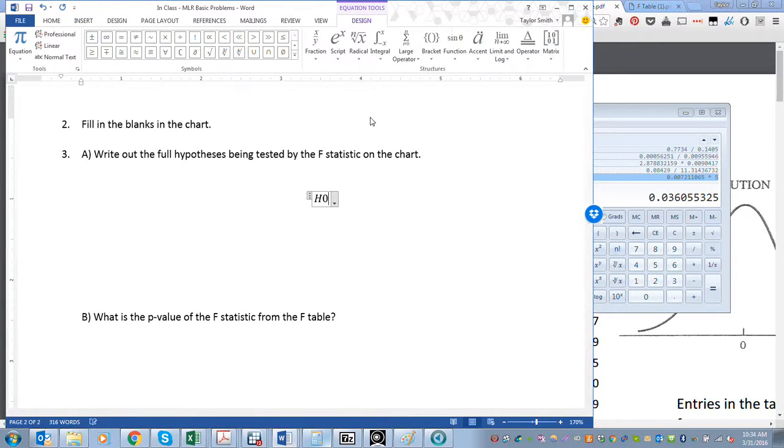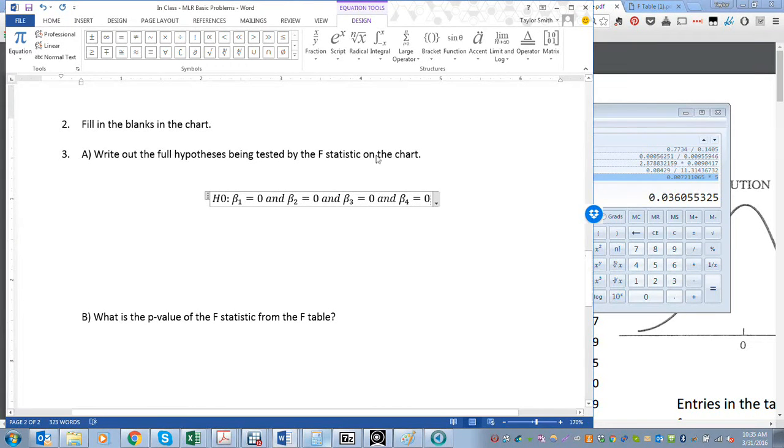H0: remember, the null hypothesis for the F test is that nothing in the equation matters. None of the variables are related to our dependent variable. So in this case, beta 1 equals 0, and beta 2 equals 0, and beta 3 equals 0, and beta 4 equals 0.